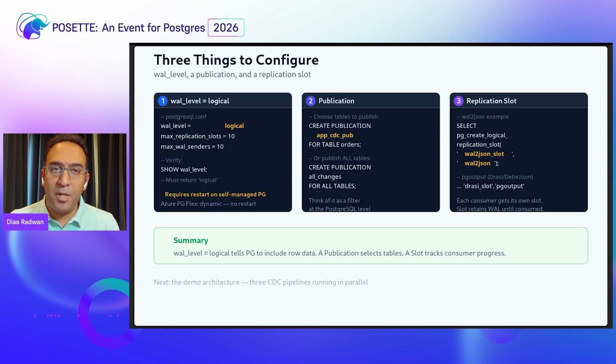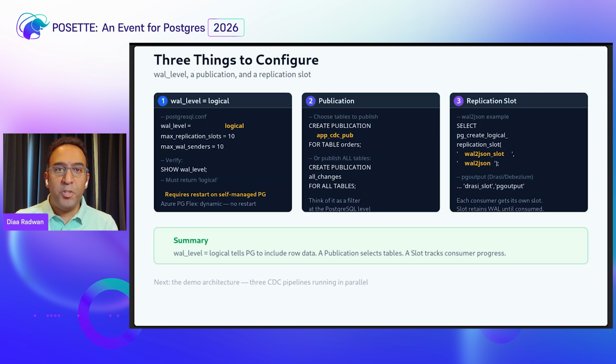In some providers, it requires a restart. If you're running on a VM, it requires a restart. Basically, this configuration, wal_level equal logical, tells Postgres to include row-level data in the WAL, not just physical page changes.